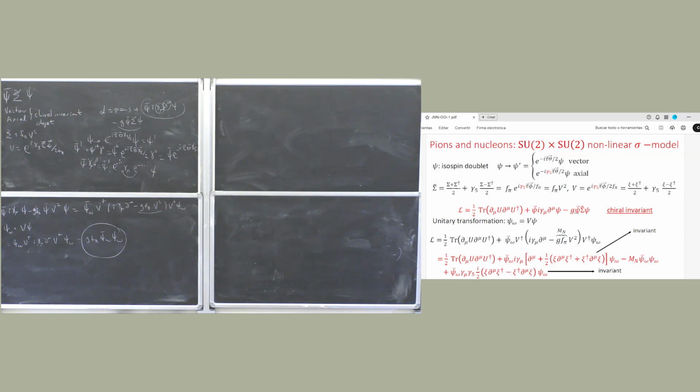So with this spontaneous symmetry breaking of the axial current, I am able to give masses to the nucleons, because it's proportional to f pi.